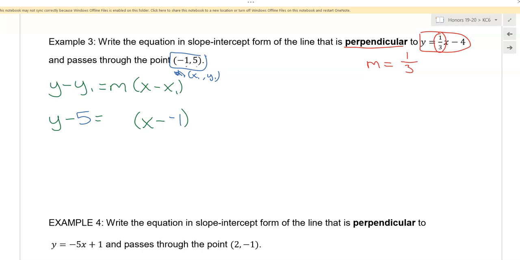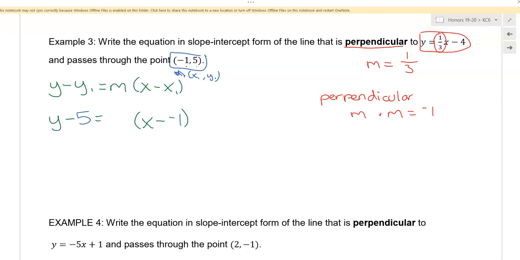To find my perpendicular slope, when two lines are perpendicular, m times m should be negative 1. Your two slopes multiply to negative 1, so you can use that to help you out.